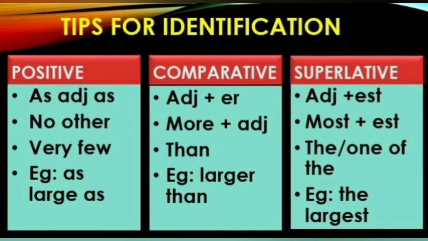Okay, so now coming to superlative degree. In superlative degree, the adjective form has EST form. Adjective plus EST form is available. Otherwise, most plus adjective form is available. Then we can also find some keywords like the or one of the.